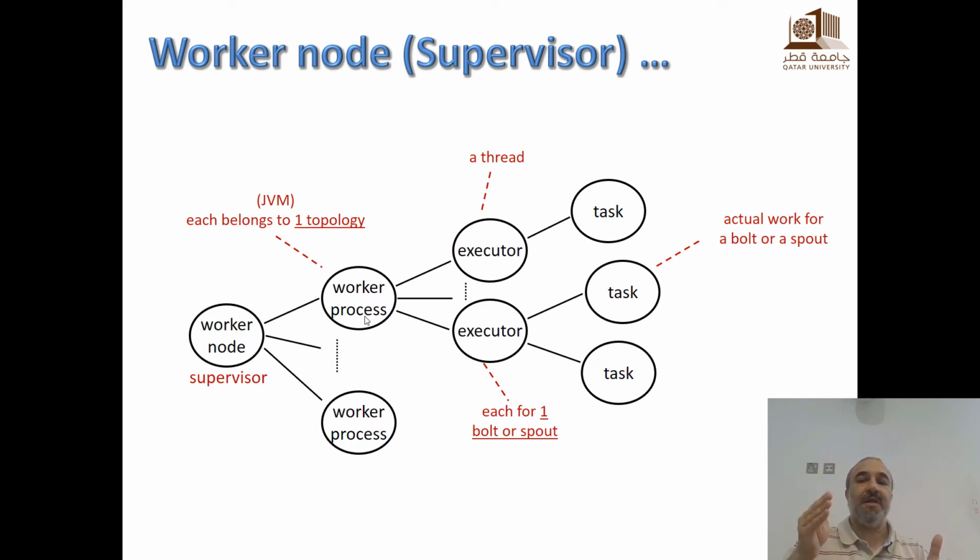Each worker process runs multiple executors. You can think of each executor as a thread. Usually each executor runs one task, which is the actual processing, computing process. So the actual work of the bolt or spout is run by the task.